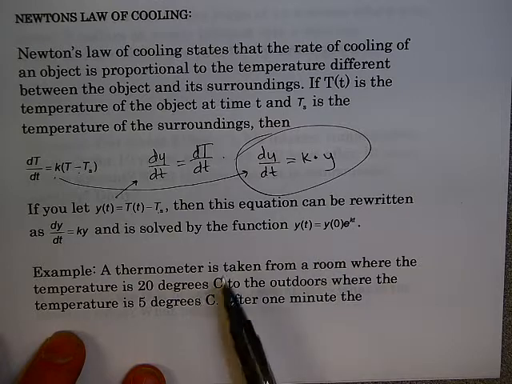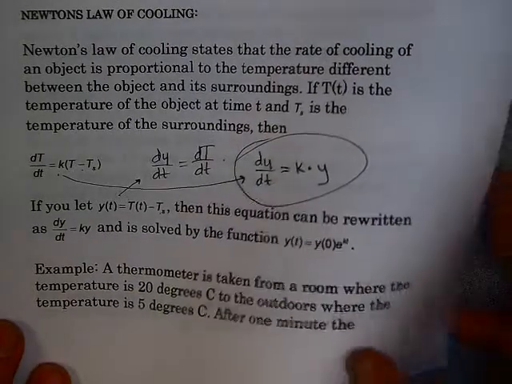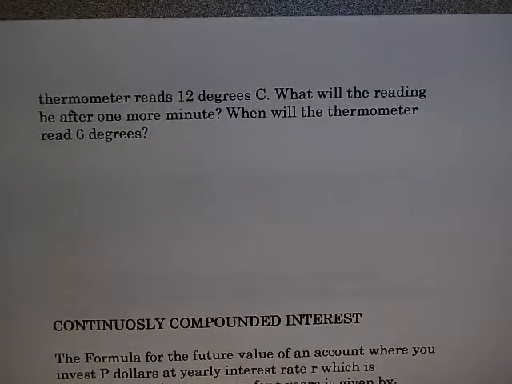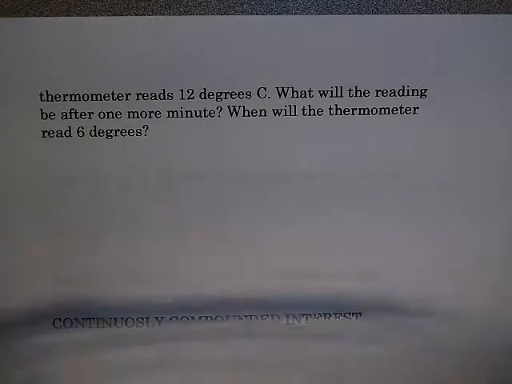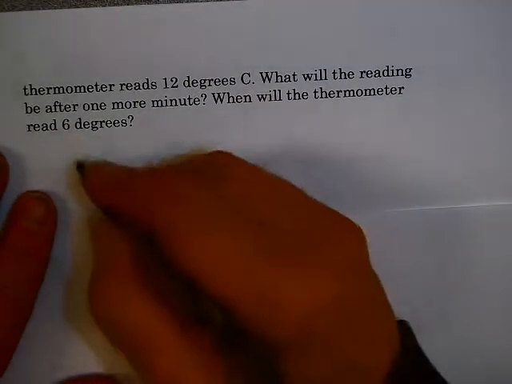So here's an example. The thermometer is taken from a room where the temperature is 20 degrees Celsius to the outdoors where it's 5 degrees Celsius. After 1 minute, the thermometer reads 12 degrees Celsius. What will the reading be after 1 more minute? Okay. When will the thermometer read 6 degrees? So here's what we have.